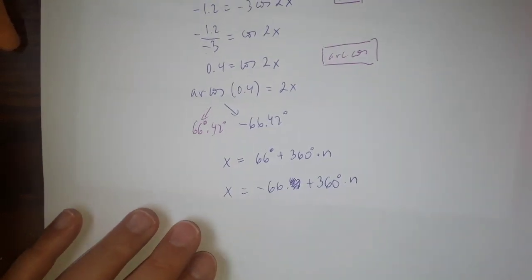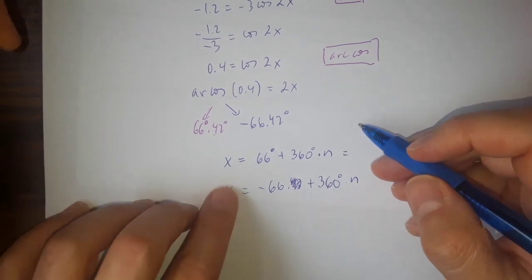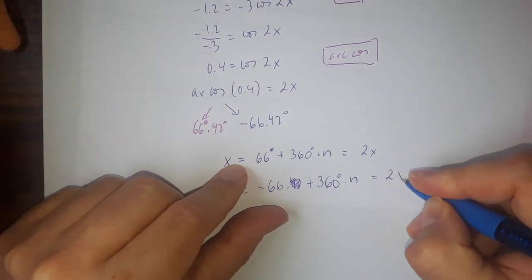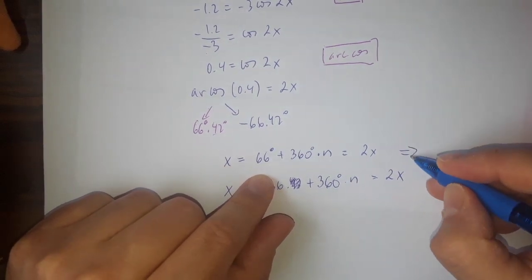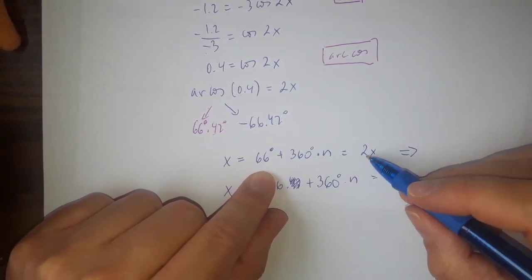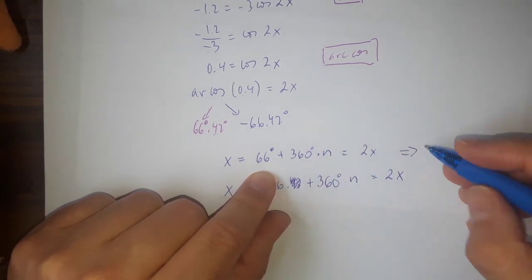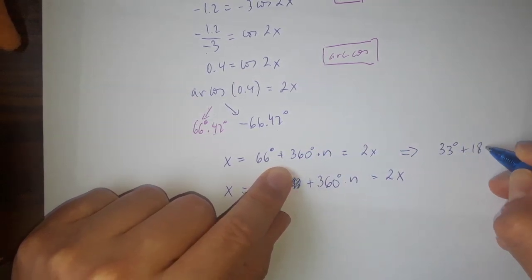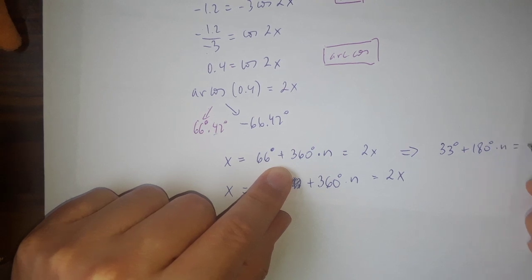And this is going to be equal to 2x. So when we solve each one of the equations, we divide both sides by 2, and this is going to be 33 plus 180 times n equals x.